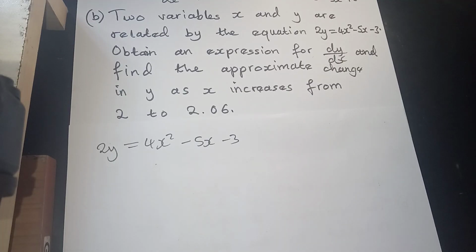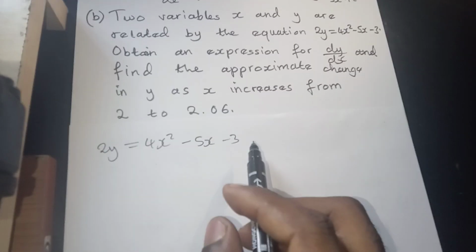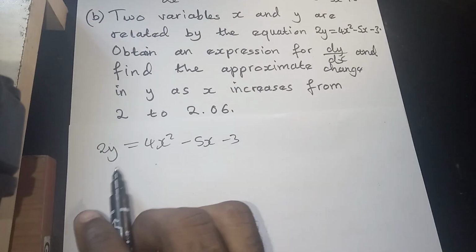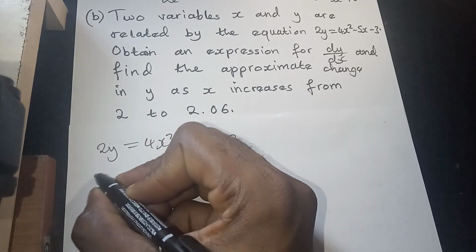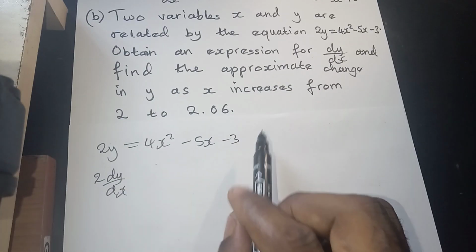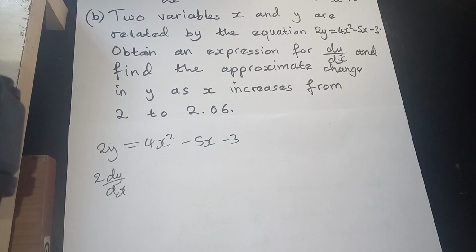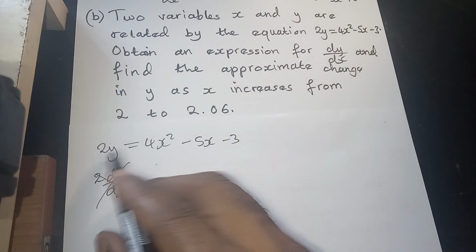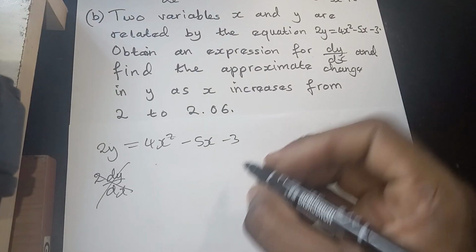To differentiate this, you can either make y the subject of the formula and then differentiate, or differentiate first by saying this will be 2 dy/dx, and then differentiate this side and then divide through by 2. I'll make y the subject of the formula first.